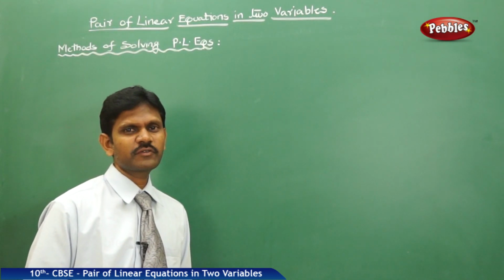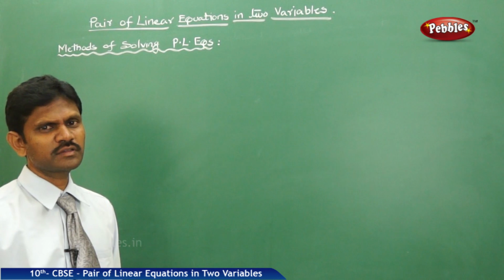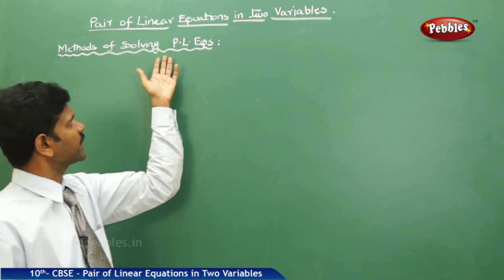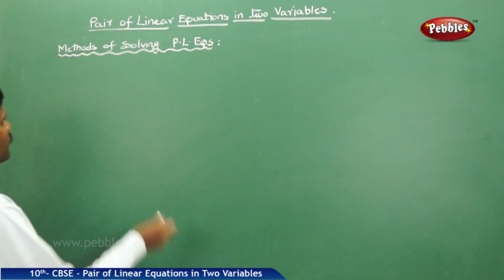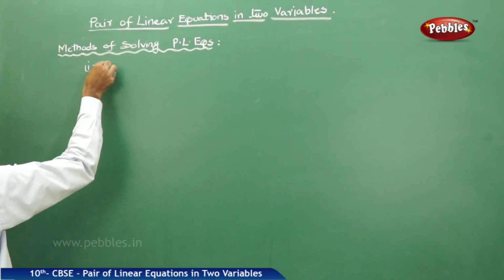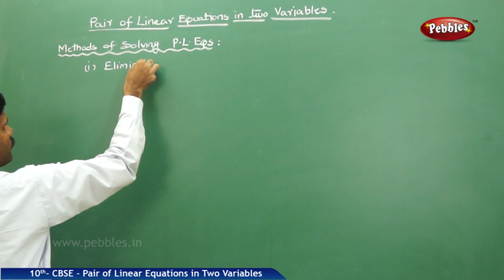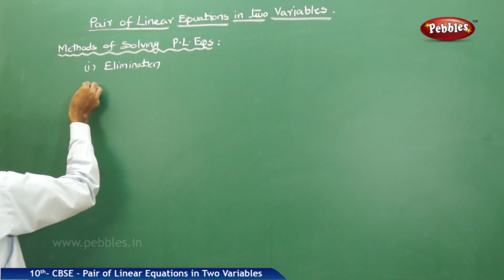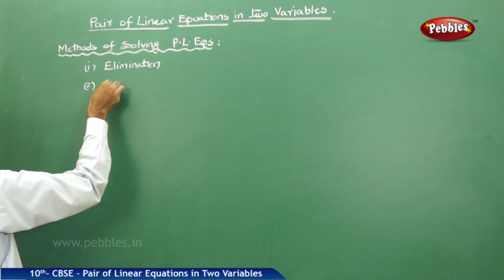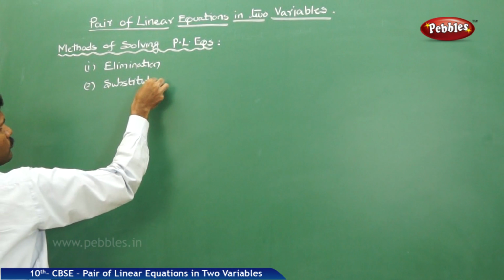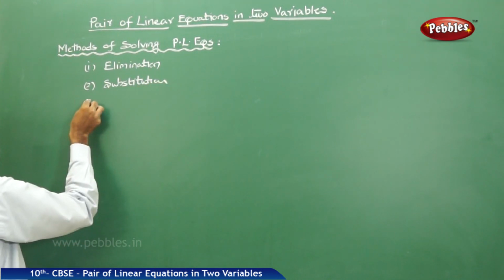The pair of linear equations we can solve in three different methods. That is, methods of solving pair of linear equations. Method 1, elimination method. Number 2, substitution method.